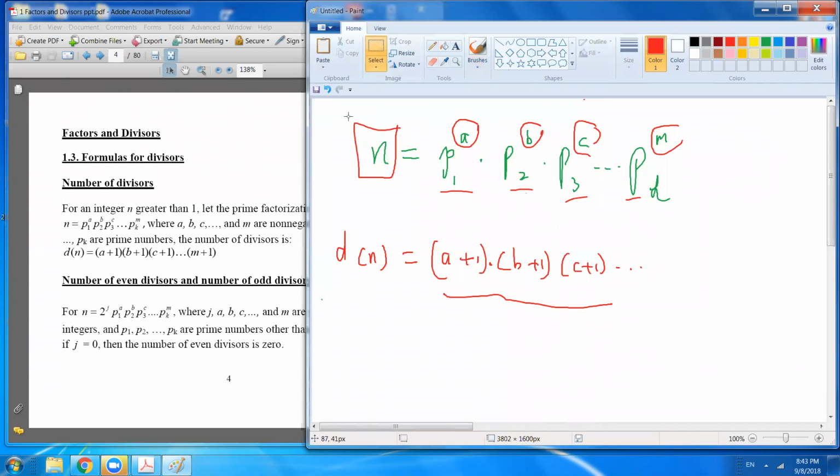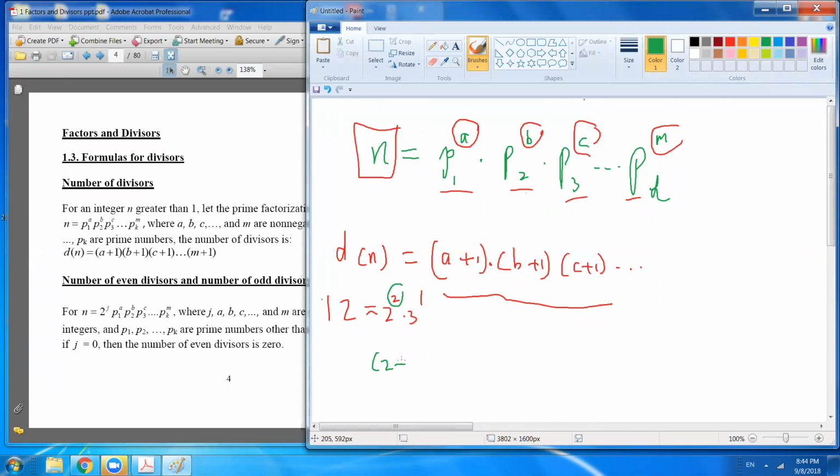Okay? Now, this is the total number of factors, right? And we can do this. Let's say 12. Can you try how many factors we get for 12? We try this. Did you try this formula? I know it is 6. Did you try it? You get 2 power 2, right, times 3 power 1. So we take 2 out, down.